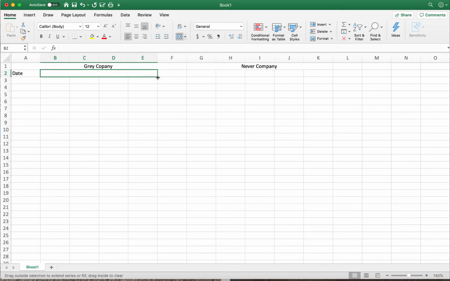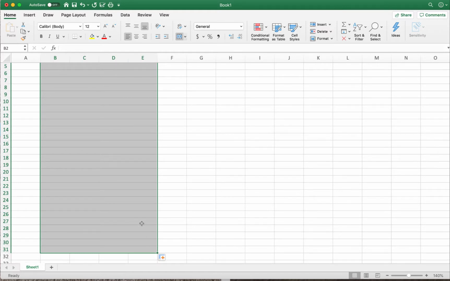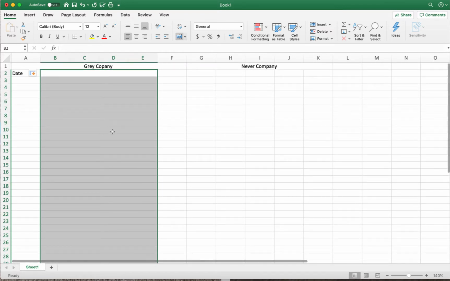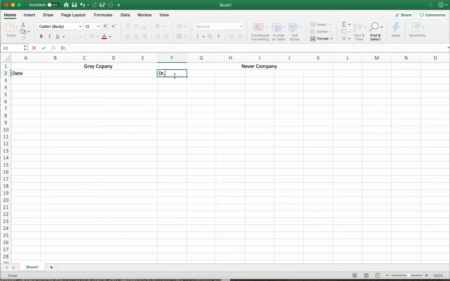I'm going to click, hold down my mouse, and drag all the way down. Okay. And I let go, and if you notice, all these cells are now formatted, merged and centered, left aligned.